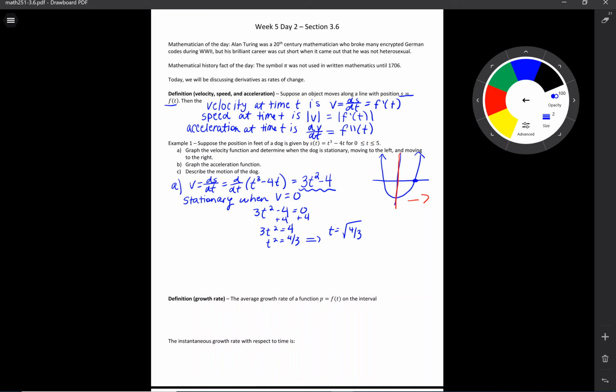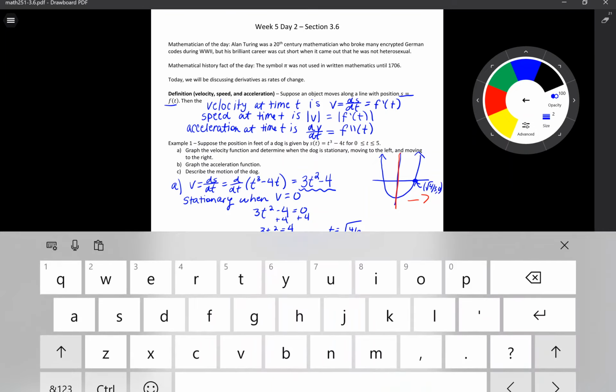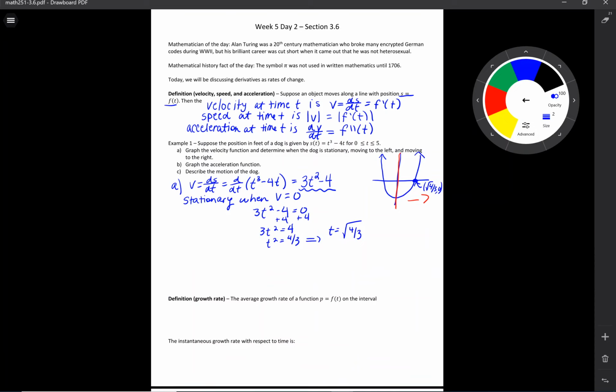So I can see that at this point right here, this is the point square root of 4/3 comma 0. That is when our velocity is equal to 0. So that is when I am stationary. As far as moving to the left, I'm moving to the left when my velocity is negative.